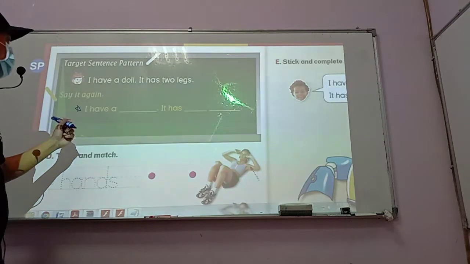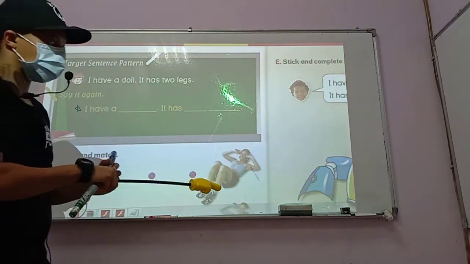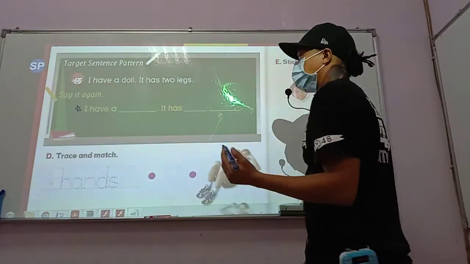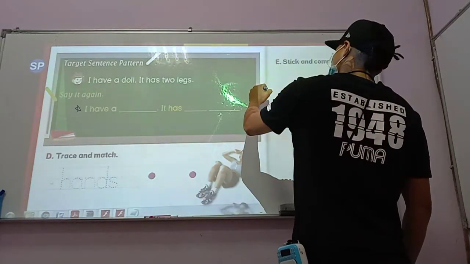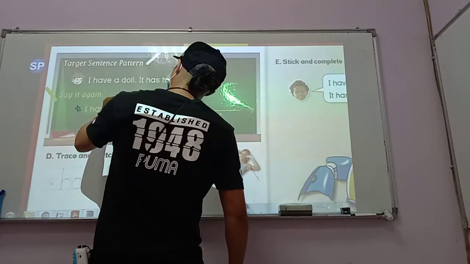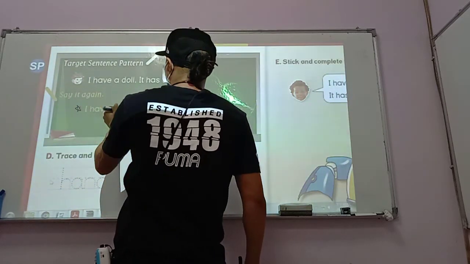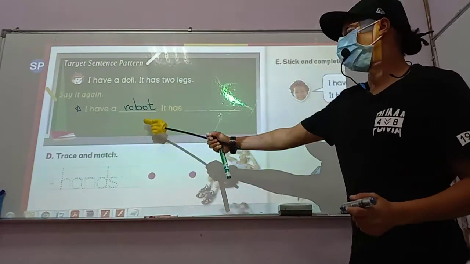Alright, so let's see. I have a, let's see, what do we have? So we're going to say, I have a, I'm going to go with robot. So I have a robot.